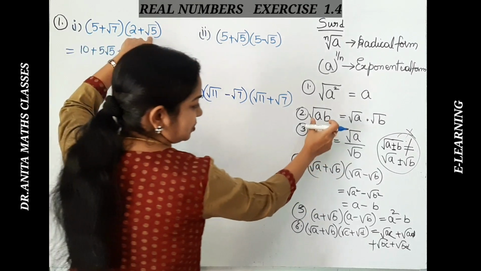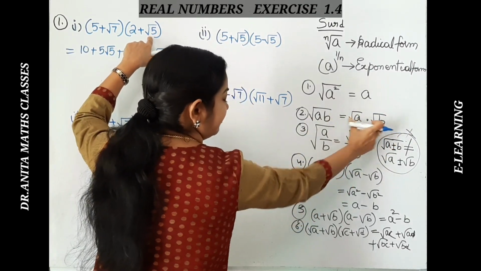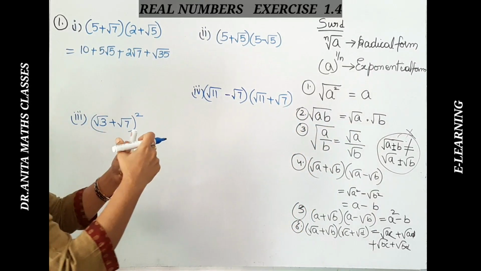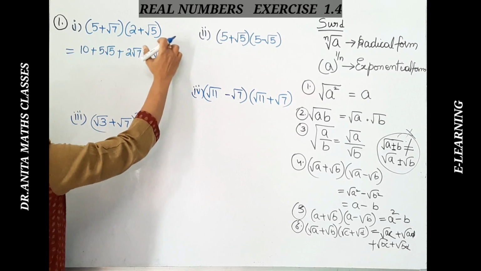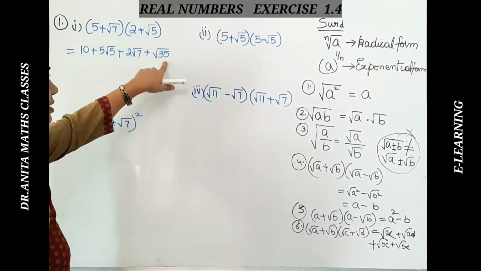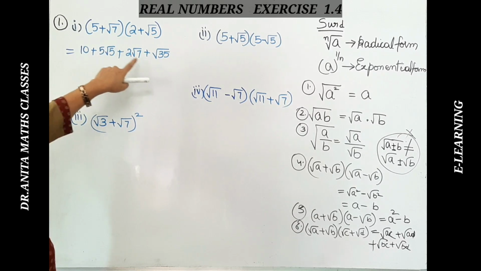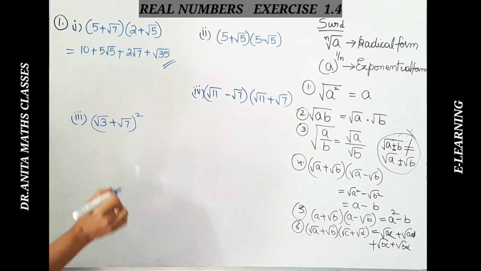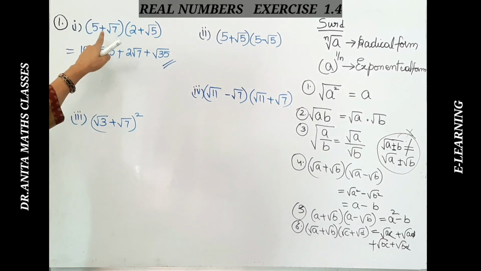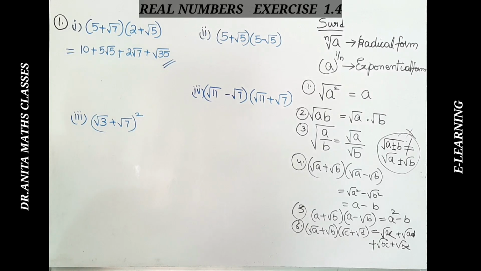When we are multiplying both square roots, the number can go inside, so it becomes 7 into 5, 35. We can also split the square root as root 7 into root 5. Here this is the number, so I have written it. So this is the final answer of this, just multiplying, right? Here we don't have similar terms a and b, so we cannot apply the formula.